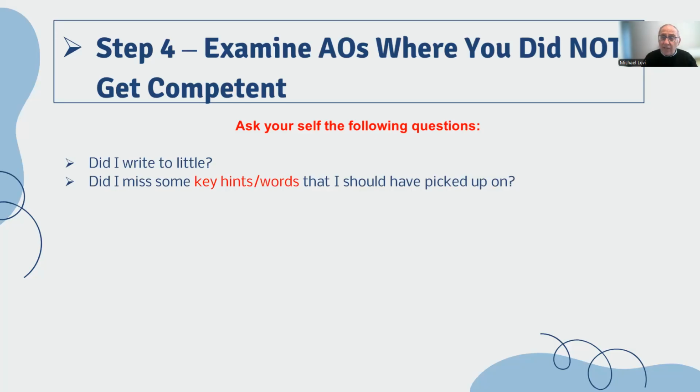Sometimes there can be a key trigger in a particular required. And if you miss that trigger, you're not going to hit key points necessary for getting competent. So you want to be very sensitive to picking up triggers. So ask yourself, is there a trigger here that I should have hit that I missed? Here is where it helps to work with other people.